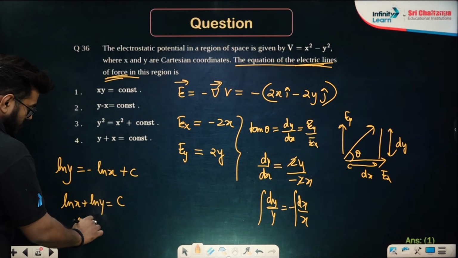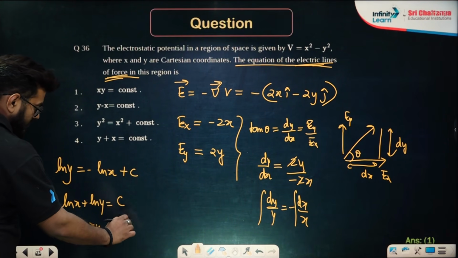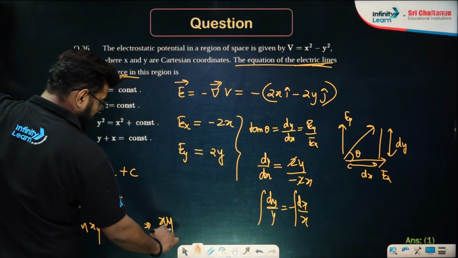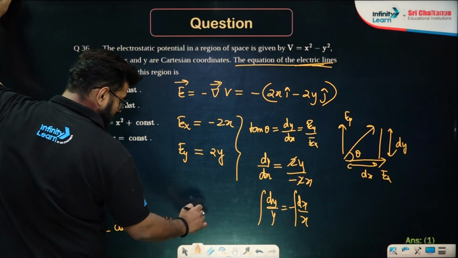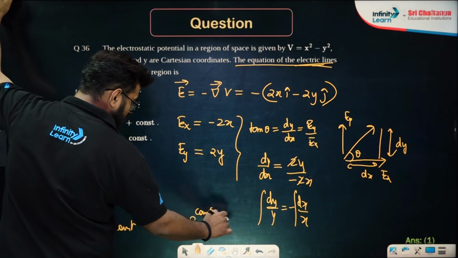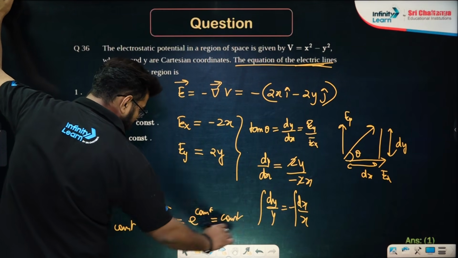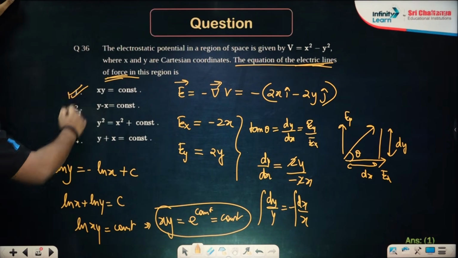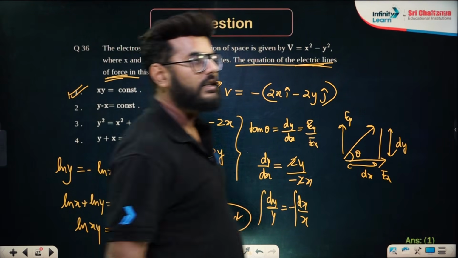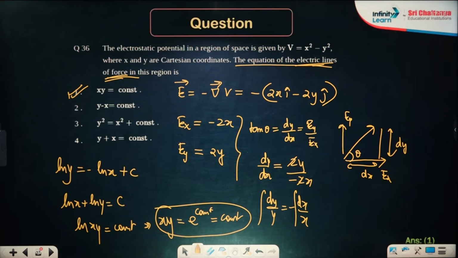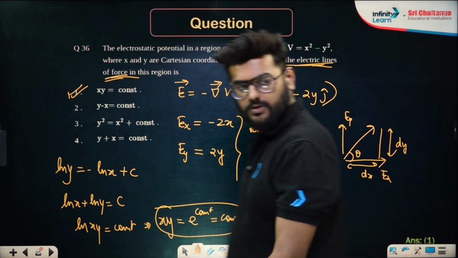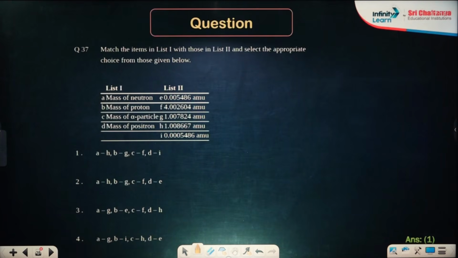This is natural log xy is equal to constant. So xy can be written as e raised to the power this constant, which eventually is going to be a constant only. So this is the final equation, xy is equal to constant, option number 1. This is how you find out the equation of the line of force. Clear? Perfect? Right.